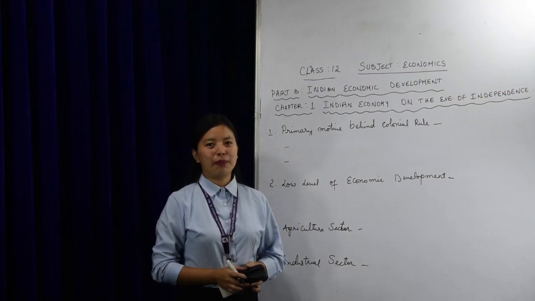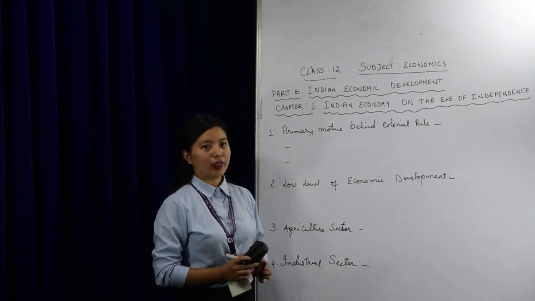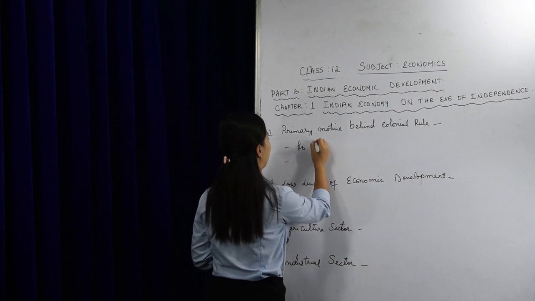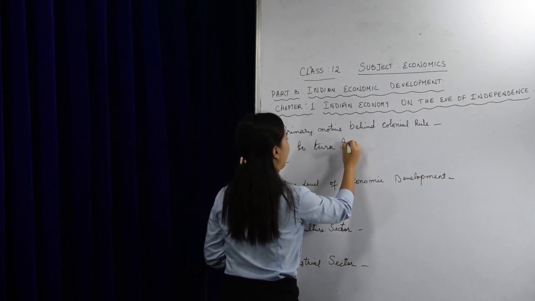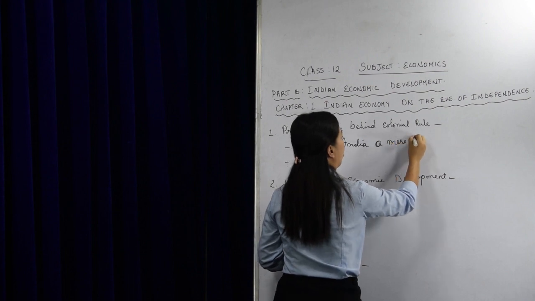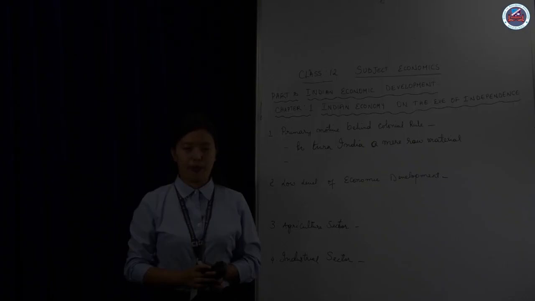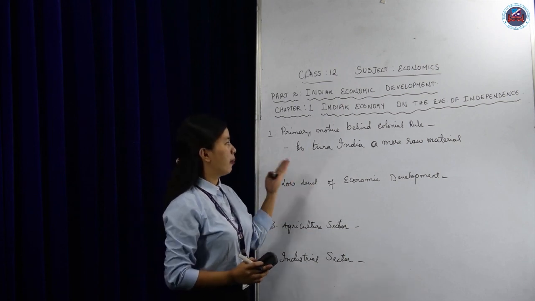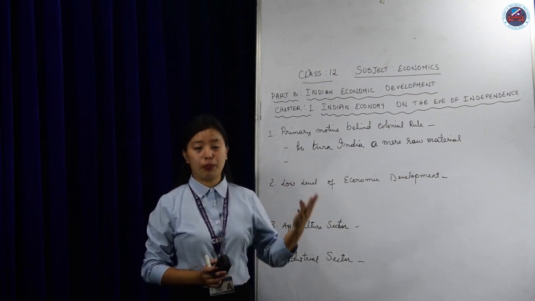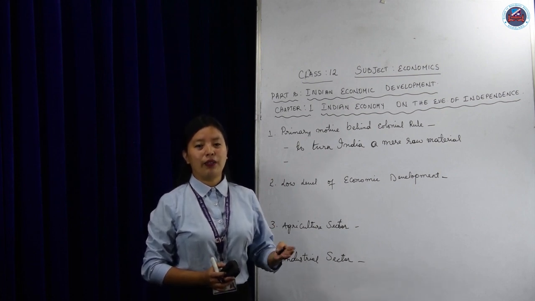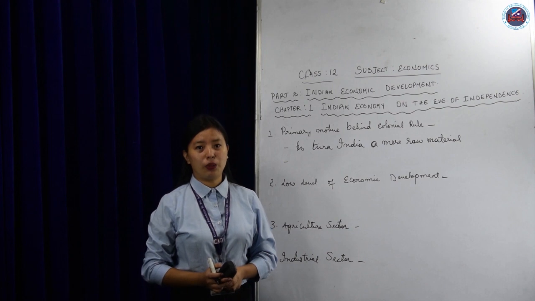The first reason was to turn India into a mere raw material supplier. It means we Indians would become a mere raw material supplier to Great Britain, because during that time Great Britain was rapidly expanding its industrial base.